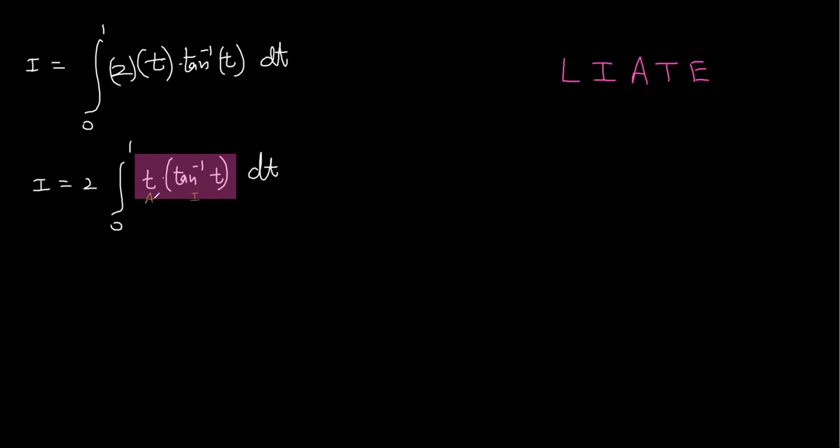As per my solution, I have the order A then I, but it has to be I then A. Inverse trigonometric functions should always be ahead of algebraic functions. So the next step, I write I equals 2 times the integral from 0 to 1 of tan inverse of t into t dt.